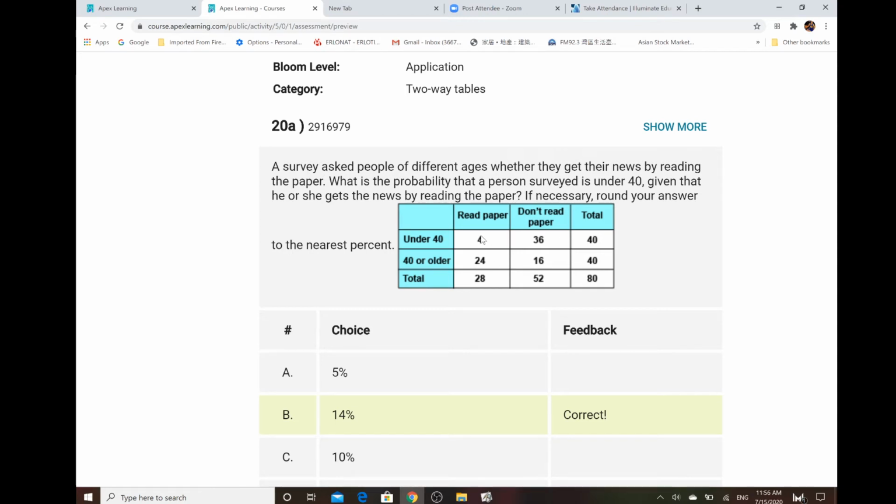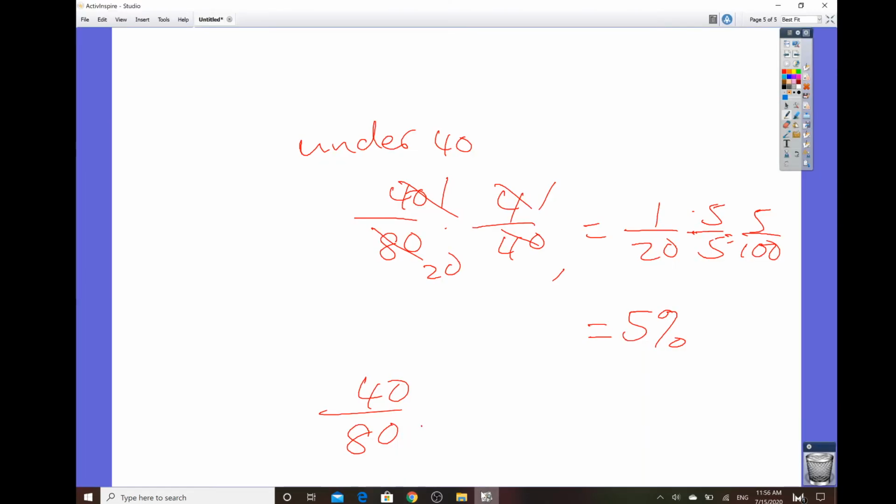It's actually 4 over 28, because by the time they're reading the paper, it's not just the ones under 40, but we also have people 40 or older who are also reading the paper. So the probability for people reading the paper isn't just counting the group under 40, but we need to include the ones 40 or older. So it's 4 over 28.